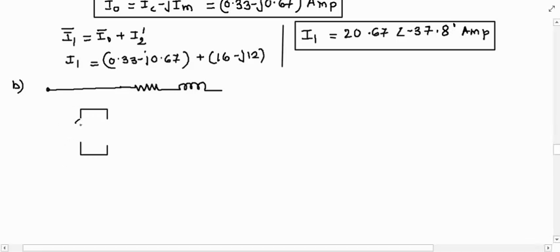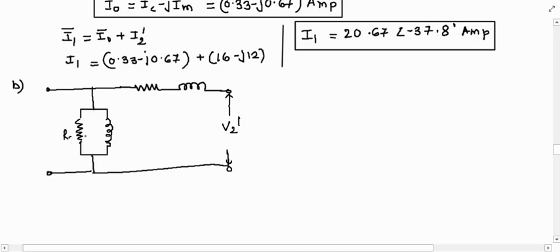So this will be your RC, XM, and this will be your V2 dash. RC, XM, this is the I1, which is vector sum of this I0 and I2 dash. This is your applied voltage V1.